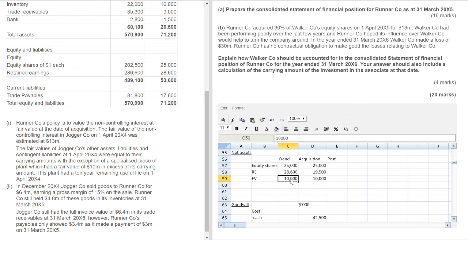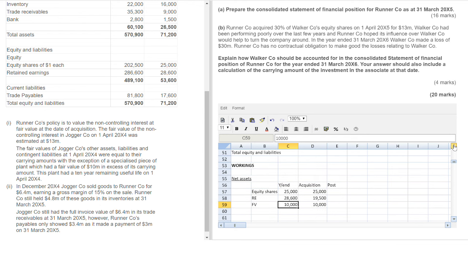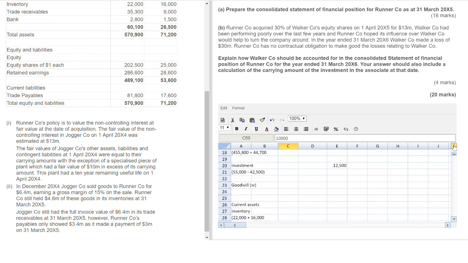You've increased the net assets of the subsidiary in the group account by the 10 million. So don't forget, therefore, to make sure that you scroll up and within your property, plant and equipment calculation, you then add in the 10,000. Okay, again, a lot of people tend to miss that out within the exam.